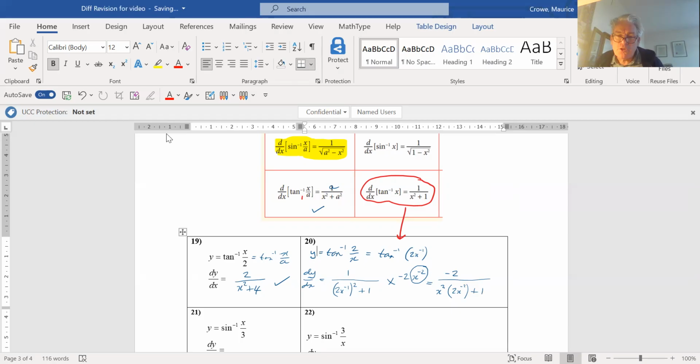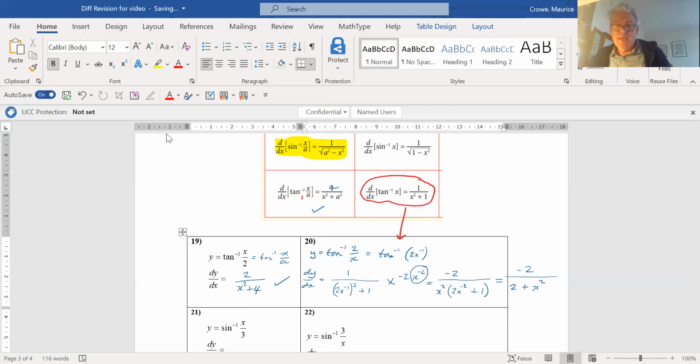Then minus 2 over, multiply in there, that's going to give you 2 times. Now, x to the power of 2 multiplied by x to the power of minus 2 is x to the power of 0, which is just 1, plus, and then multiplying by that, there's an x squared there.